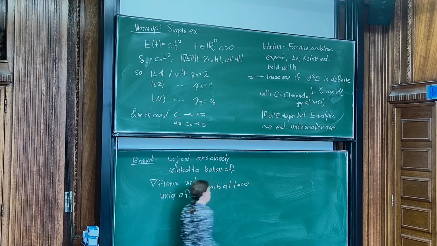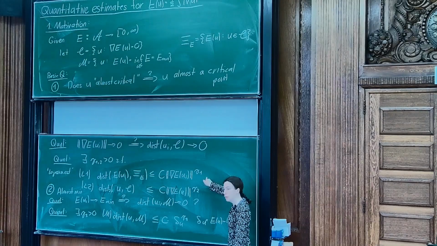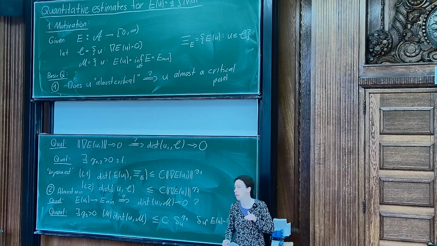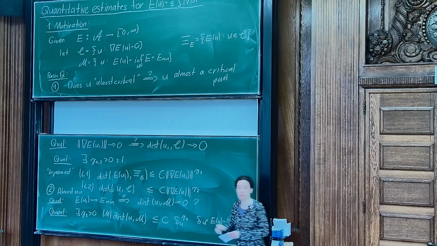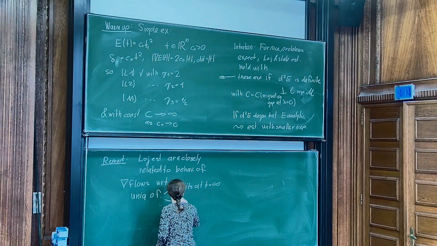If you have a gradient flow whose solution exists for all times, and you get a Łojasiewicz estimate of the first type, here with a gamma 1 strictly greater than 1, you're guaranteed that it converges to a limit, at least at a polynomial rate, and in the case of the optimal exponent, even at an exponential rate. And in addition, they are also really helpful with respect to uniqueness of blow-up models.